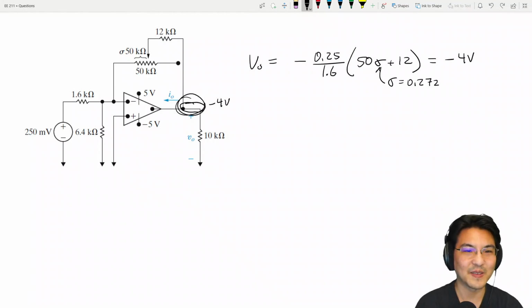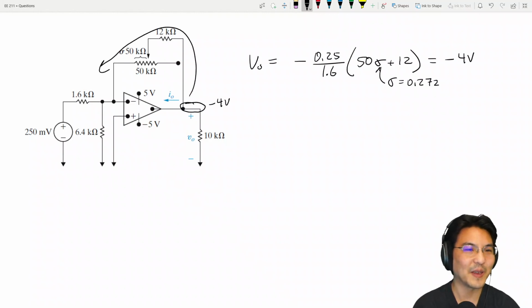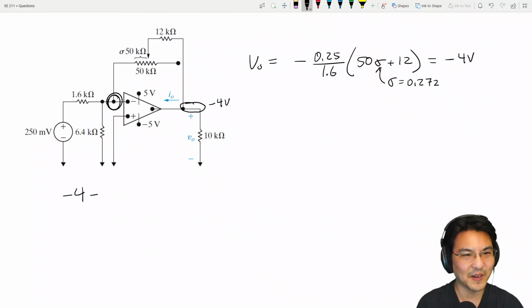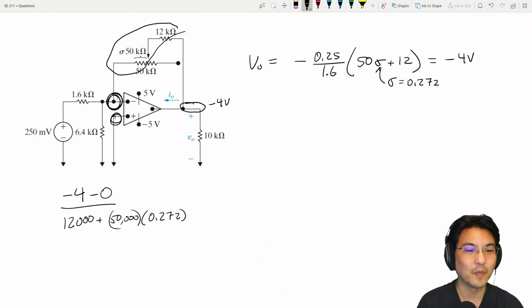So just take a look at this node and write KCL. KCL at this node, so the current going this way would be -4 minus the voltage here, which is the same as the voltage here, which is 0, divided by this, so that'll be 12K plus 50K times sigma, which is 0.272.